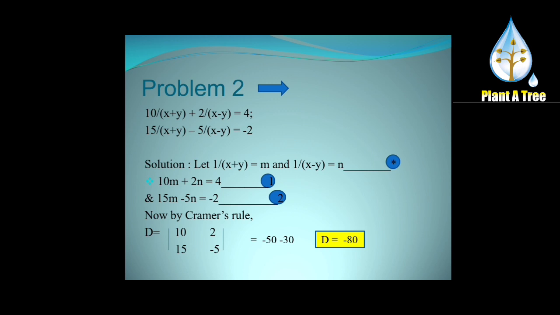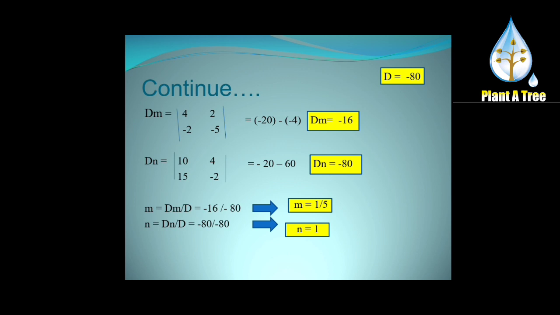Now by Cramer's rule, the determinant D is equal to 10, 15, 2, minus 5. The product of 10 into minus 5 is minus 50, and 15 into 2 is 30. Therefore minus 50 minus 30, D is equal to minus 80. Again the value of Dm is 4, minus 2 and 2, minus 5.